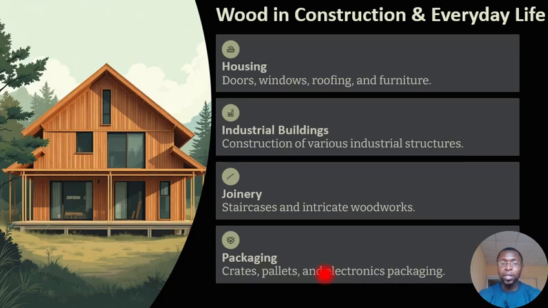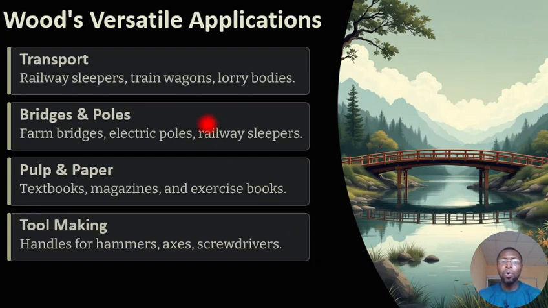All right. So let's see more versatile applications of wood. Even in transport, we use wood for railway sleepers. We use wood for train wagons, and we use wood in building the bodies of some lorries. In the aspect of bridges and poles, you see this picture here is made of wood.